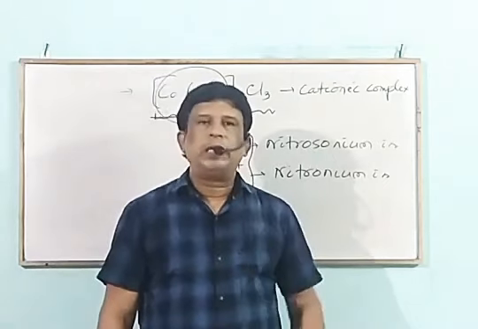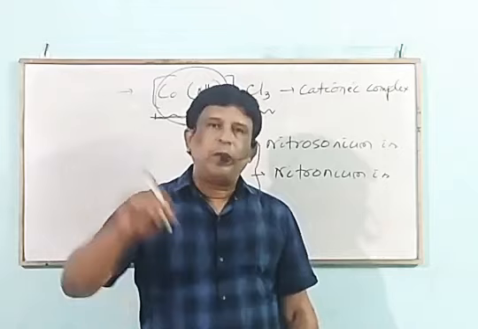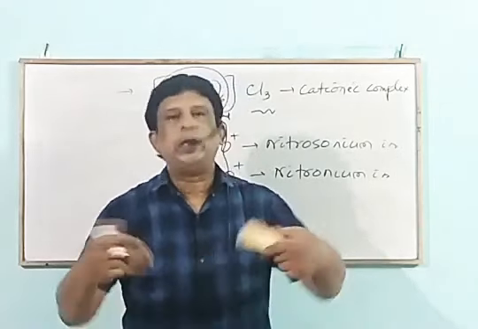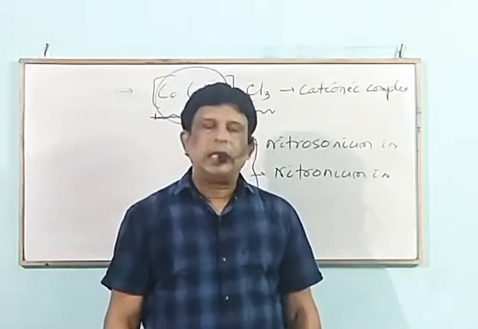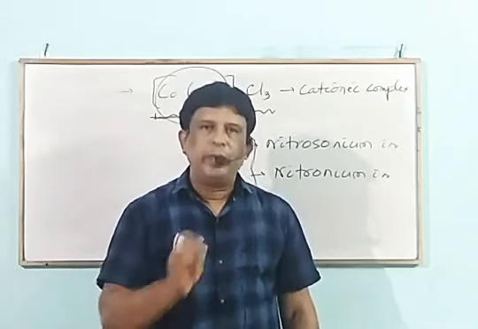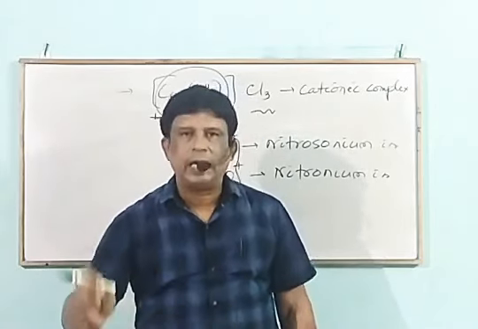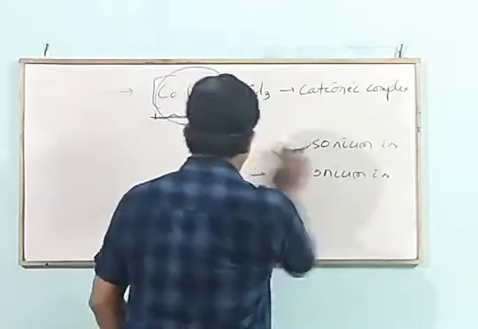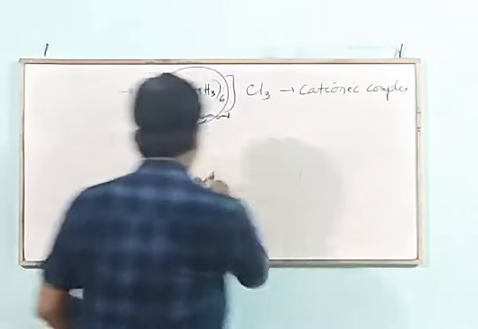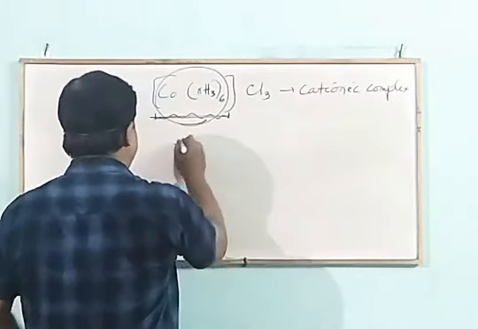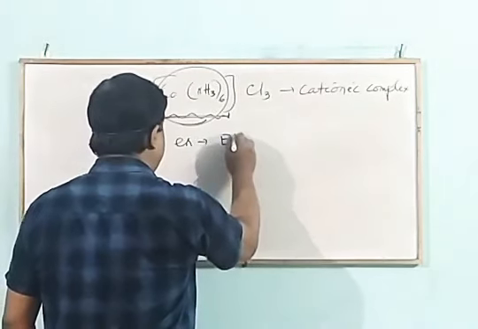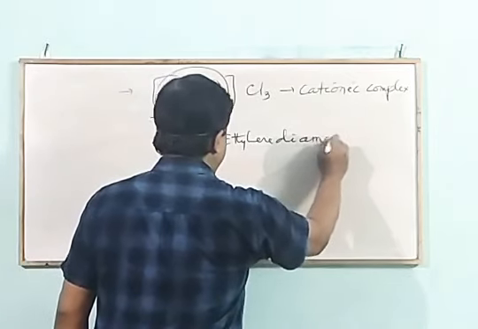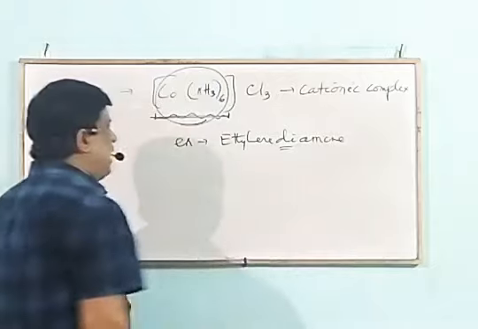Another important thing is that if the name of the ligand already contains di or tri, and it repeats two or three times, then instead of di, tri, we use bis, tris, tetrakis, etc. For example, en, its name is ethylenediamine. Already a di is there.